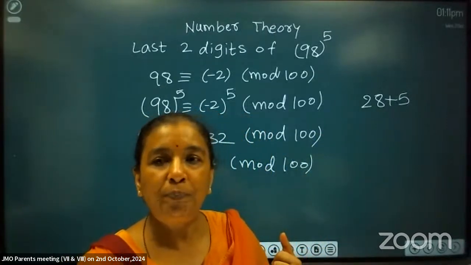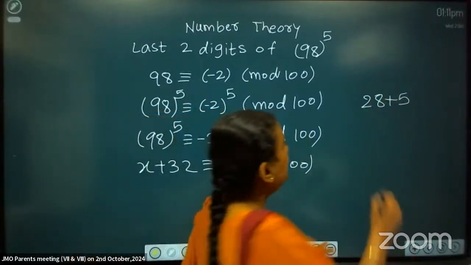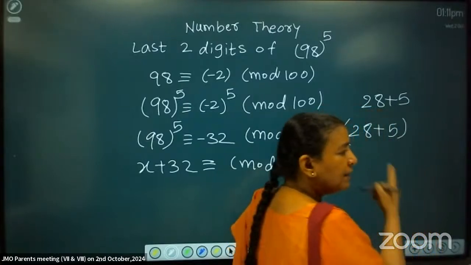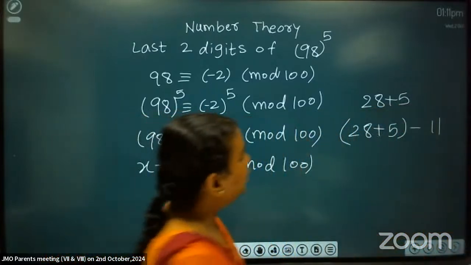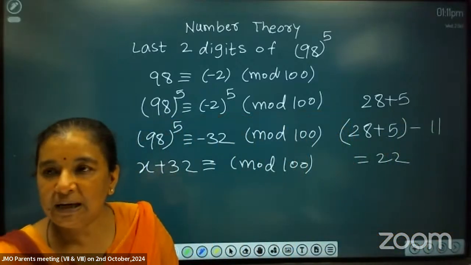What will you do? 28 plus 5 is divisible by 11, so if I want to find the smaller number than 28 plus 5, I will subtract 11, so that whatever answer I get is completely divisible by 11.